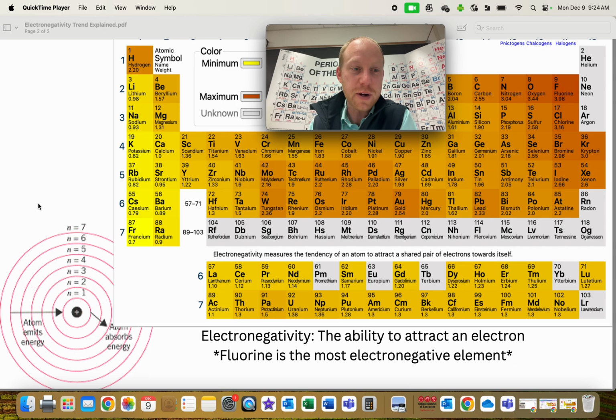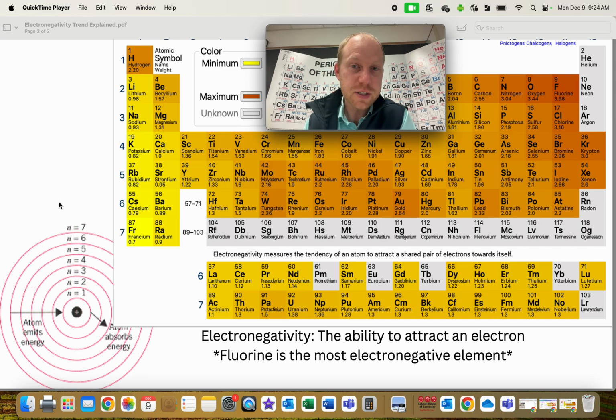If there were an electron floating by out here, if there were 7 shells, it would be much harder to suck that electron into that very positive nucleus if there were more shells in the way. Whereas if there were only 1 shell in the way, like hydrogen or helium, that electron floating by would be much closer to that positive nucleus.